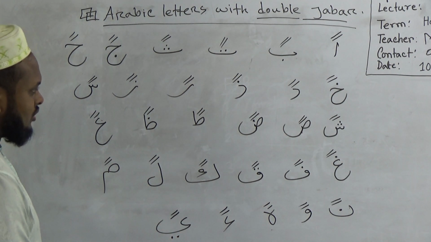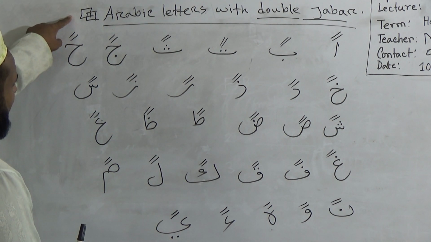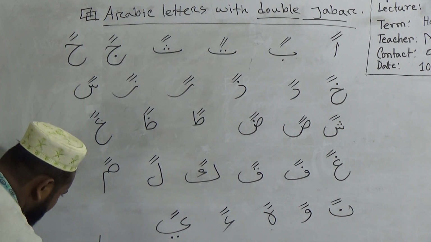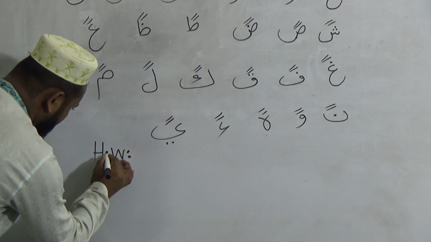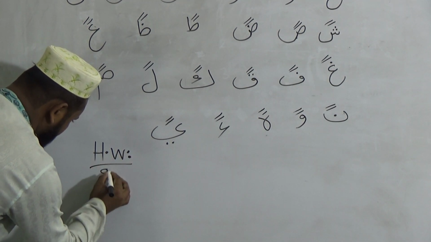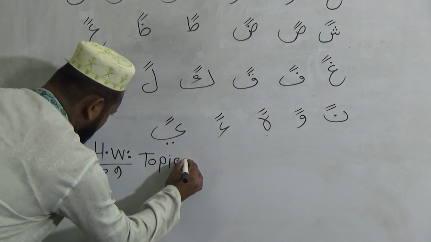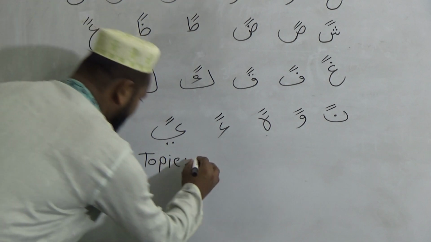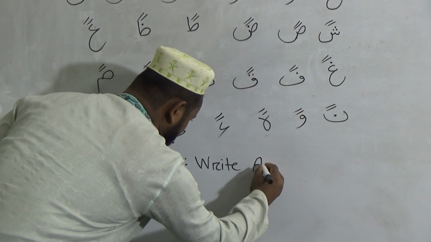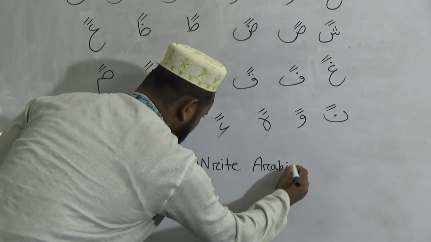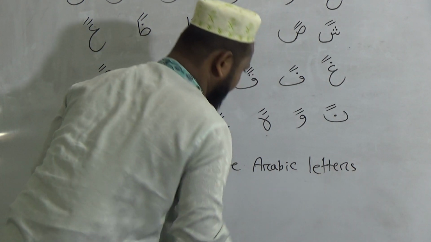Okay, dear students, now I want to give HW on the basis of today's lecture. The HW is on the same topic. Today's HW number 9. The topic is: write Arabic letters with double Jabur.